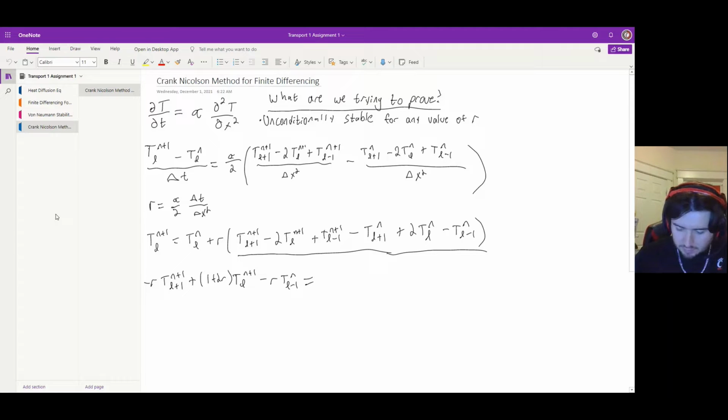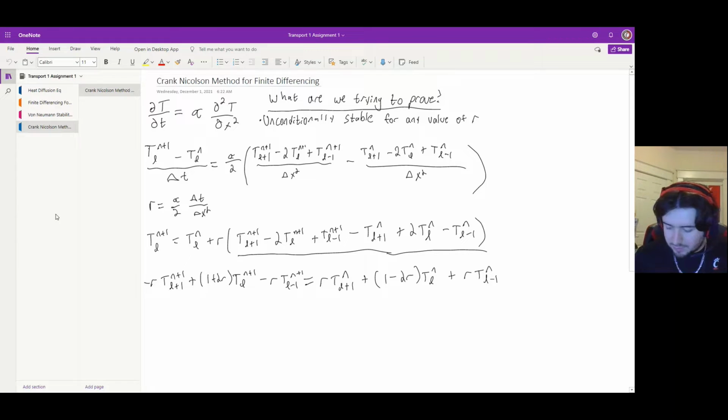Sorry, I think that's supposed to be plus 1. Then that equals r times the temperature of the block to the right at our current timestamp plus 1 minus 2r times the temperature at our current block at our current timestamp plus r times the temperature of the block to the left at our current timestamp.